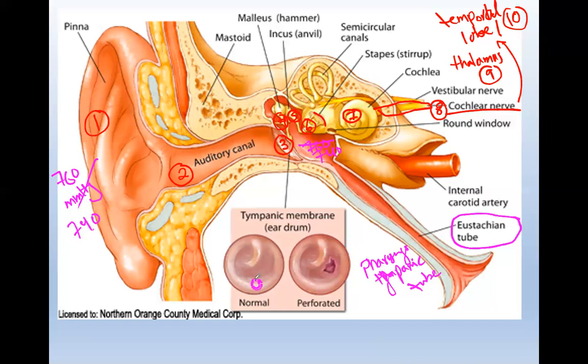So if there is a buildup of pus or infection in the middle ear, that can easily be drained from this opening, and therefore the eardrum will not pop. And as the person starts to age, this structure will eventually fall off on its own and the tympanic membrane will heal itself.